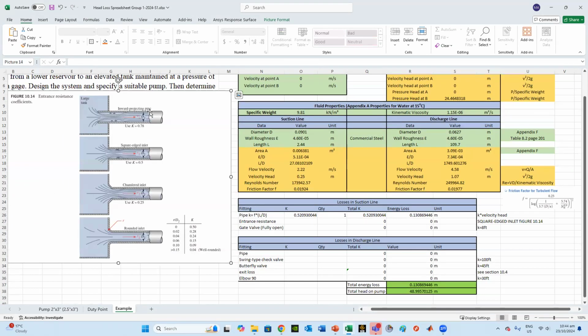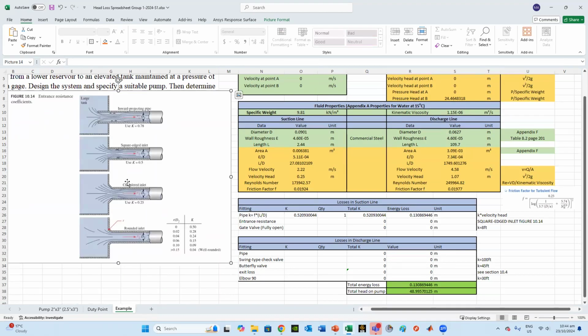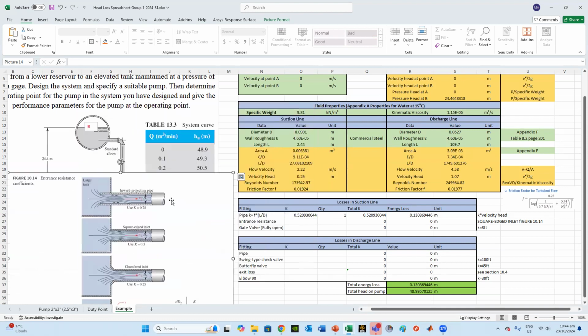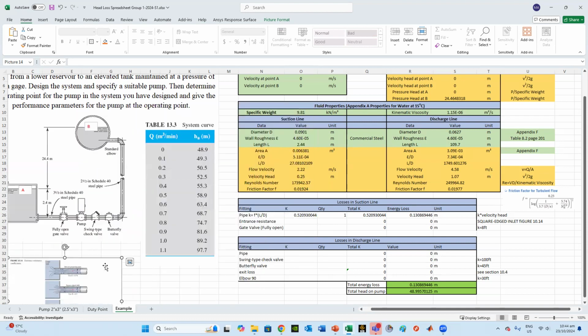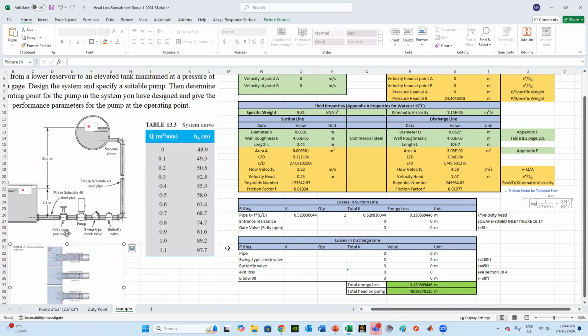So you have inward projecting pipe, square edge inlet, K is equal 0.5, chamfer inlet, and rounded inlets. The one we can see from the question is actually matching this one. So I would choose square edge inlet, which based on the chart K is equal 0.5. So I would say 0.5.